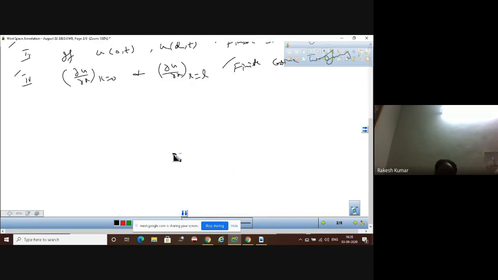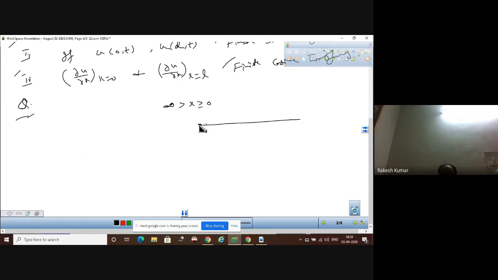In the example, the question is: determine the temperature distribution in the semi-infinite medium. Whenever it is said that it is a semi-infinite medium, it means x is greater than or equal to 0, that is 0 to infinity, when the end x equal to 0 is maintained at 0 temperature.